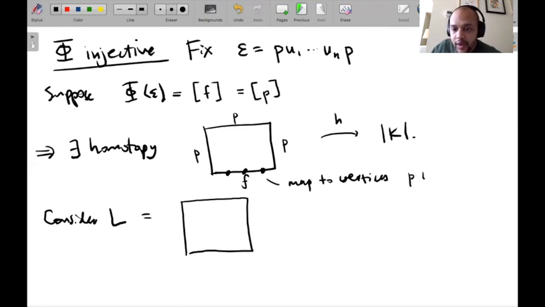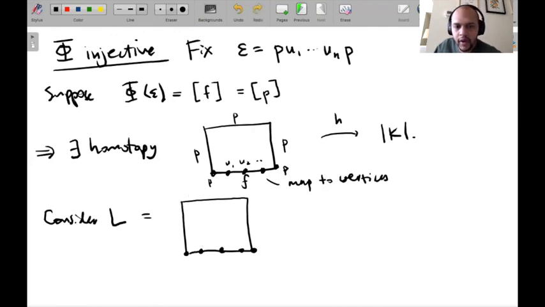So it starts with P, this maps to P, this also maps to P, and this maps to U1, U2, and so on. So we have these points here. And so there are these distinguished points along this bottom edge, the ones that map to the vertices along the edge path.